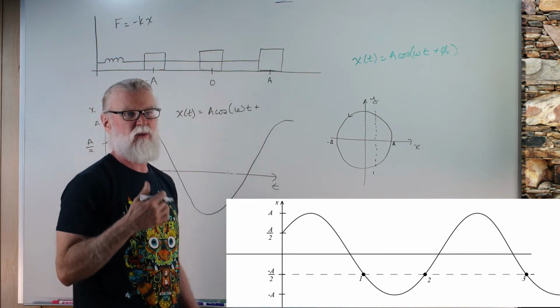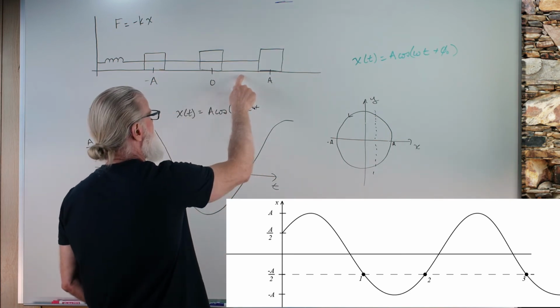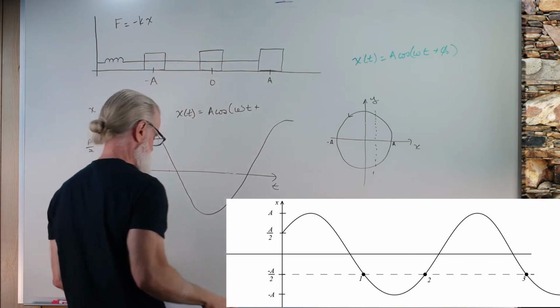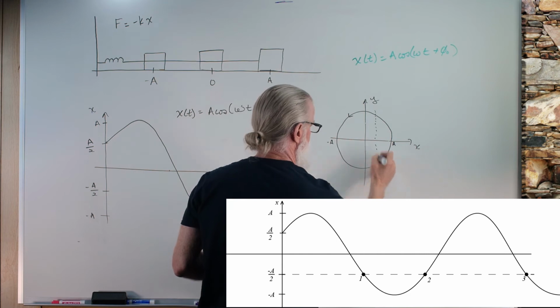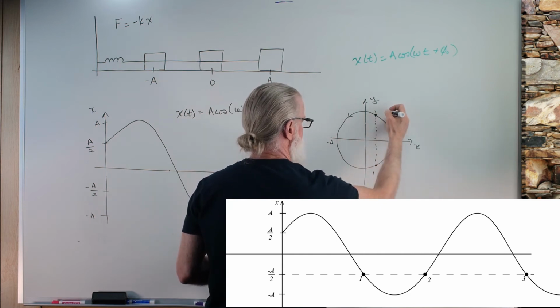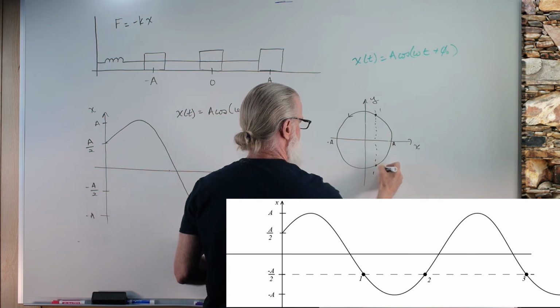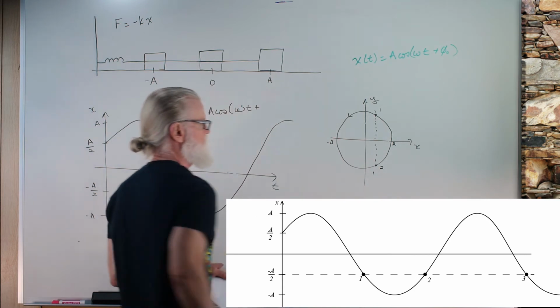This thing is going to be at position A over 2 twice per cycle. It could be going this way, or it could be coming back. So it's either at position 1, or it's at position 2, right?